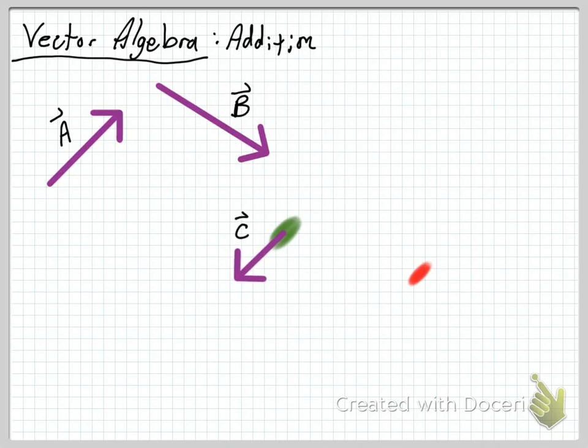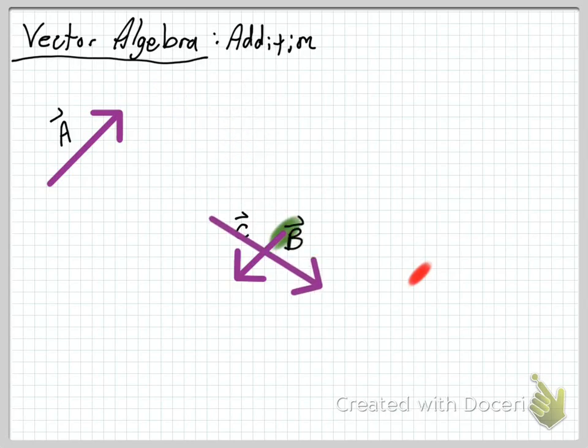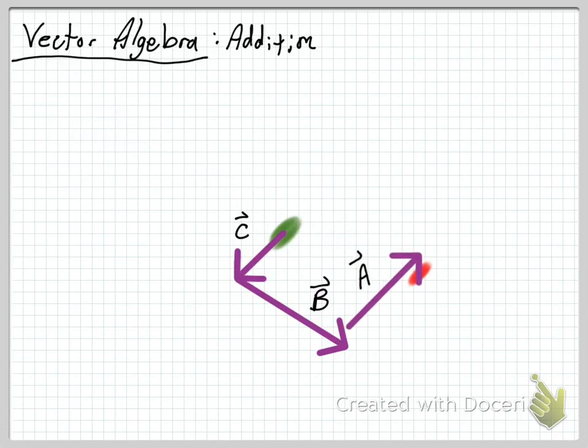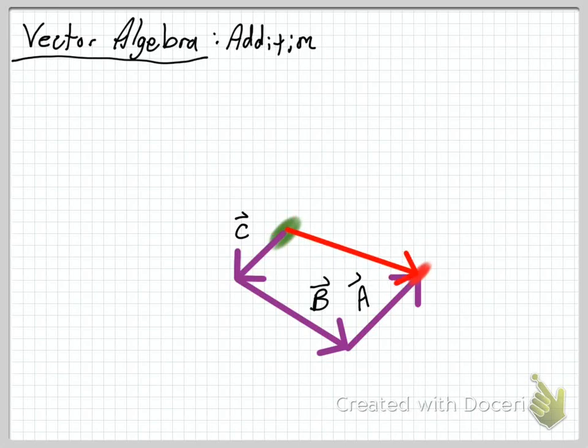Now let's start by adding vector C, and let's add to that vector B, and then add to that vector A. And you can see that we end up with the exact same resultant, now starting at the tail of vector C and ending at the tip of vector A.